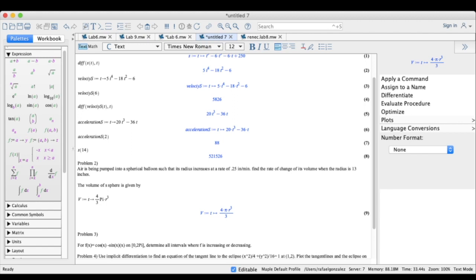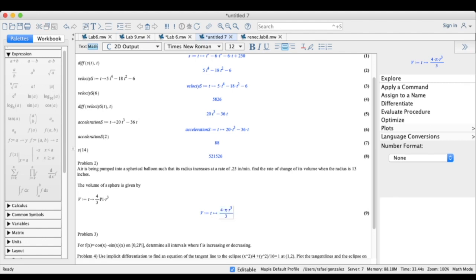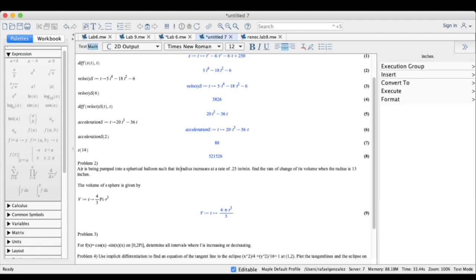Pi here is a number, not a variable. For every variable that you see, you will have the derivative of the variable times d/dt. So for r cubed, you will have 3r squared times dr/dt. And the dr/dt corresponds to the rate of change of the radius, and we have that information.